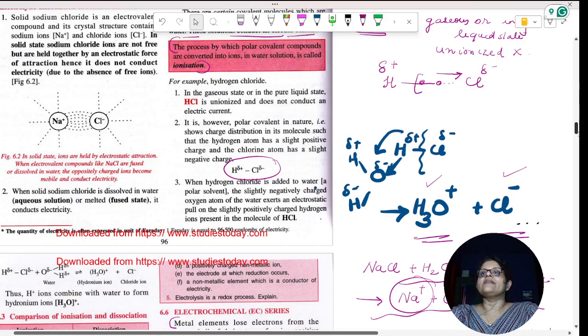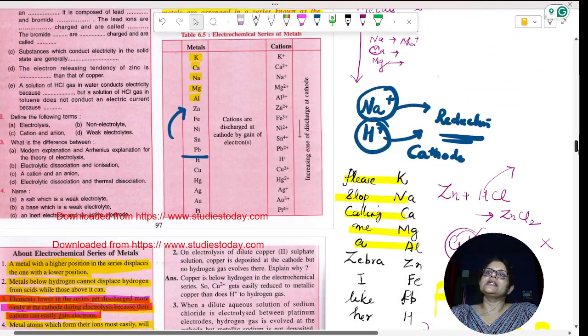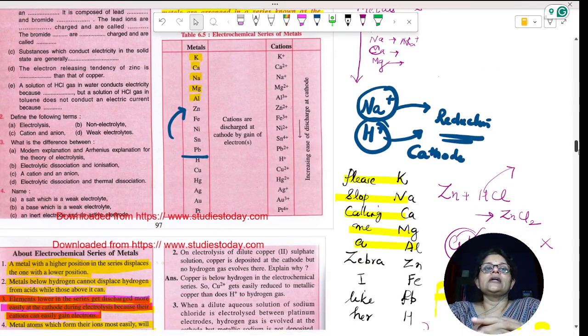Then we learned about the electrochemical series in which the ions are arranged in decreasing order of reactivity, or increasing or decreasing order of their reduction and oxidation.